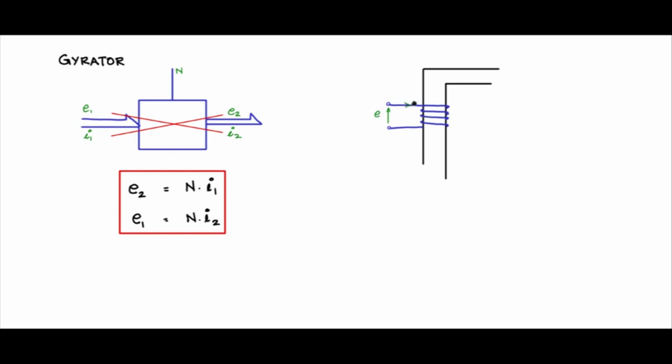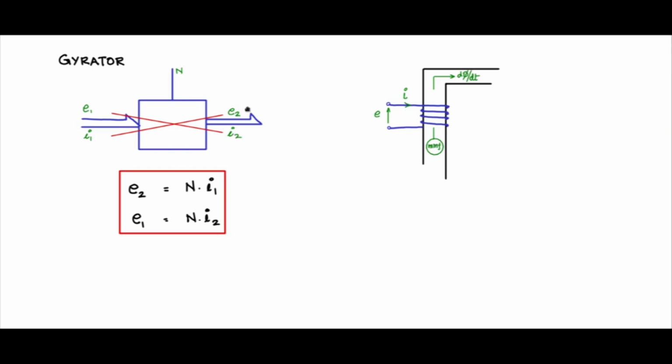The current flowing into the coil, I will call it I, is equivalent to I1 in the generic gyrator. And within the magnetic core, an MMF gets generated, and the MMF causes a flow of flux rate d phi by dt. So these two variables form E2 and I2.